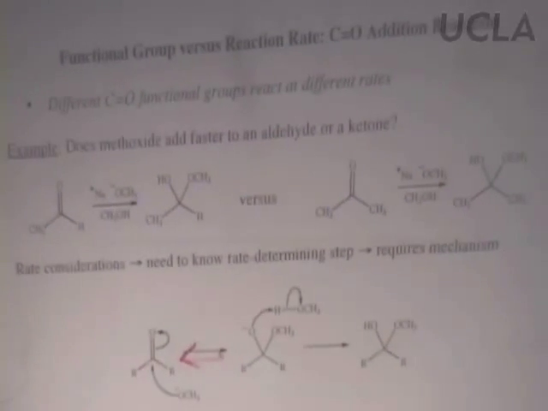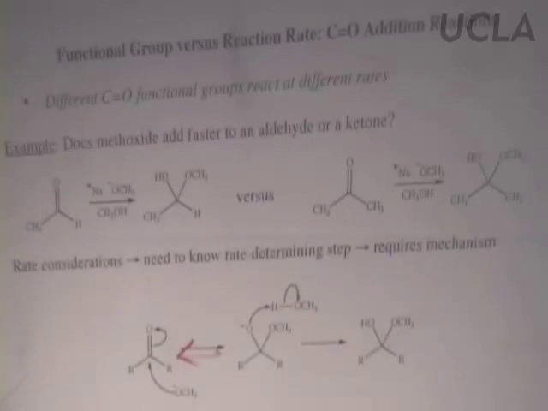Now, what we're going to do today is to start talking about relative rates of these reactions. This is important for multiple reasons, two reasons though. Number one, what we're going to talk about here will really get us thinking about how these reactions work. So yes, we're talking about rate, but we're also going to be talking about mechanism and the factors that influence it.